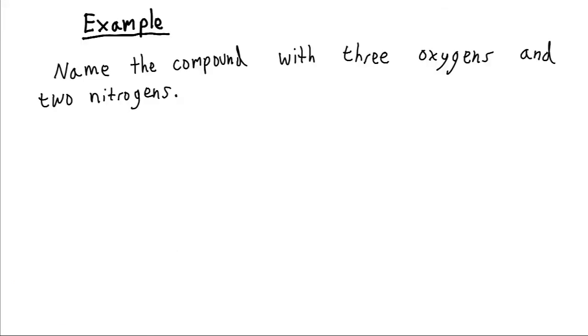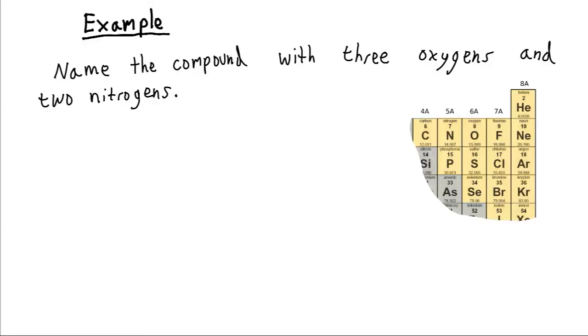Let's say that we want to name the compound which has 3 oxygens and 2 nitrogens. First thing we're going to need to do is consult our periodic table. The reason we need to consult our periodic table is because we don't know whether we need to start by naming the oxygens or we need to start by naming the nitrogens. We look at our periodic table, and whatever is further down and left is the one that gets named first.